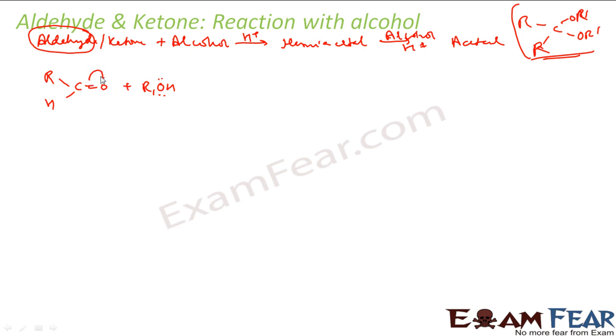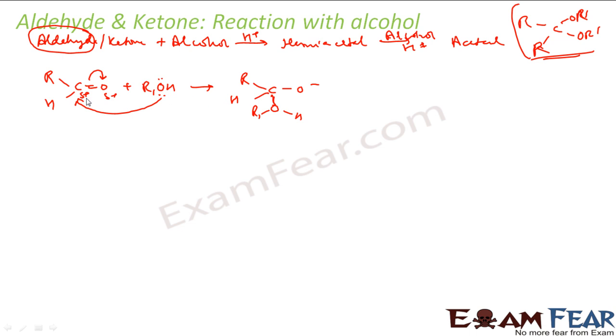Now this is slightly negative, this is slightly positive, right? So this lone pair of electrons will be attracted towards this carbon. So what you get is RCHO minus, and then you get OR1H, correct? This is H already here. This is what you get.